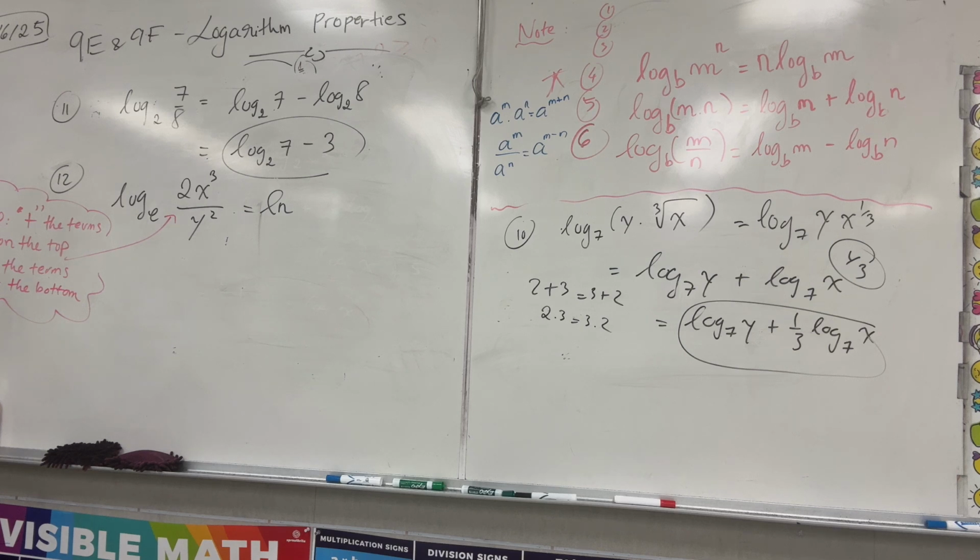So whenever you see the term on the top, you're going to add them. But whenever you see the term on the bottom, you just minus them. This sounds very simple and it makes sense. But when you see a lot of terms, it's going to help you. You're going to see it later.